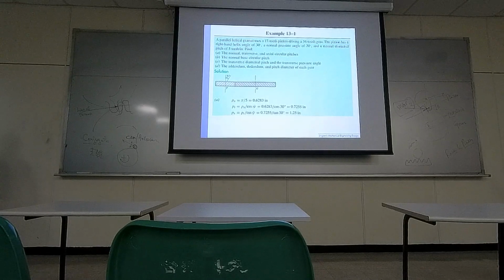You notice that the teeth are not straight. They are not straight gears. The teeth are tilted. So they are called helical gears. So the teeth profile is following a helical curve, like a spring. Okay?